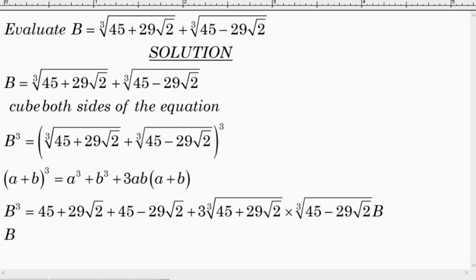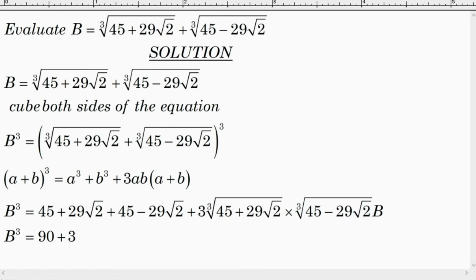So then we get B cubed equal to 45 plus 45, which equals 90, since these two terms cancel each other. And then plus 3, and as we can see, one is a cube root and the other is a cube root, so they have the same radical and we can put them into one cube root.